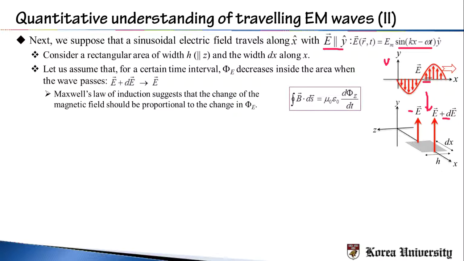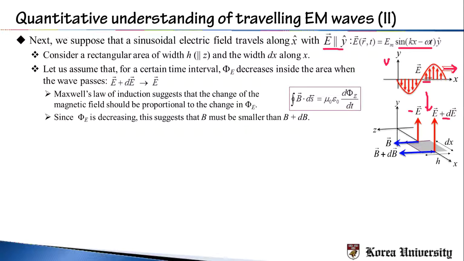In this case, you can see that when it's traveling to the right, the electric field flux in this gray area will change, and it will actually decrease, right? So if you try to calculate this magnetic field going around this loop, in this Maxwell's law there is no negative sign, right?